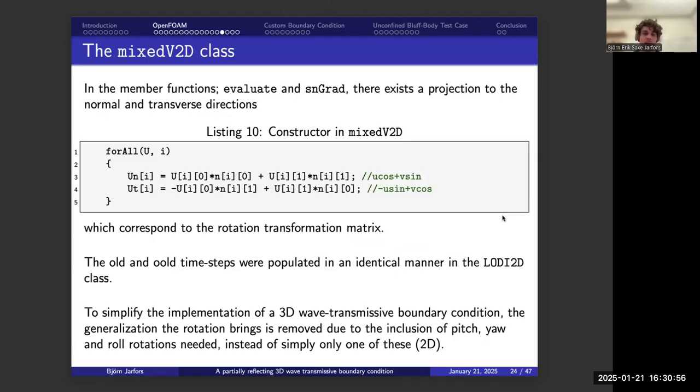But basically this is the implementation of the rotation matrix where he projects the velocity components to the normal vector, which is determined by the vectors which were populated.